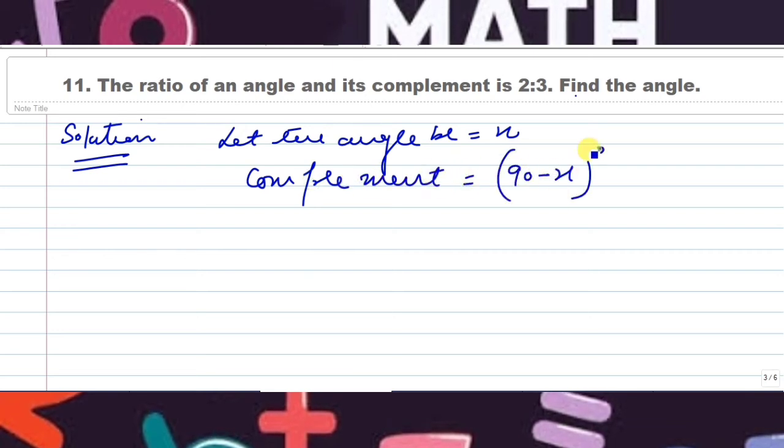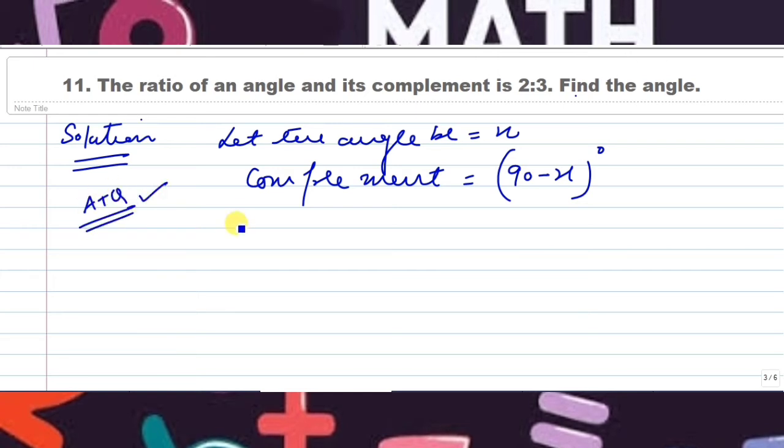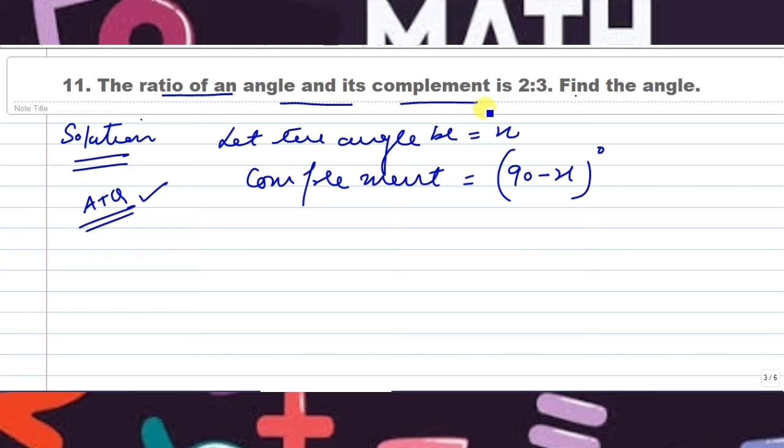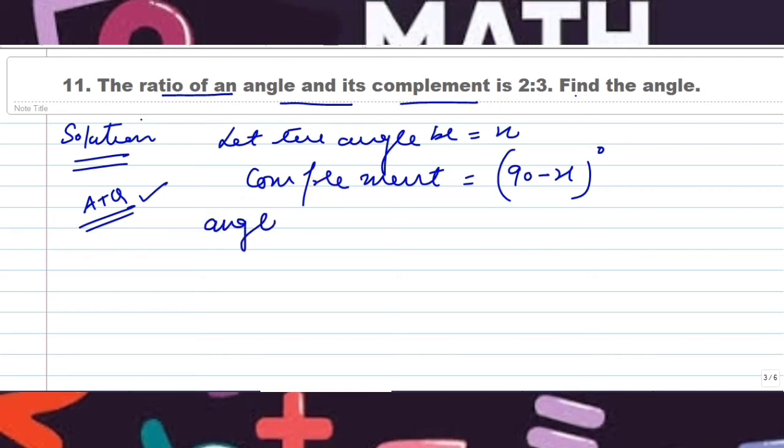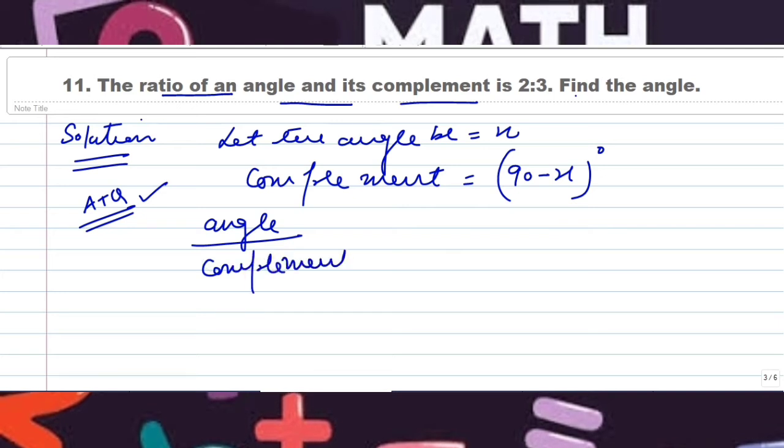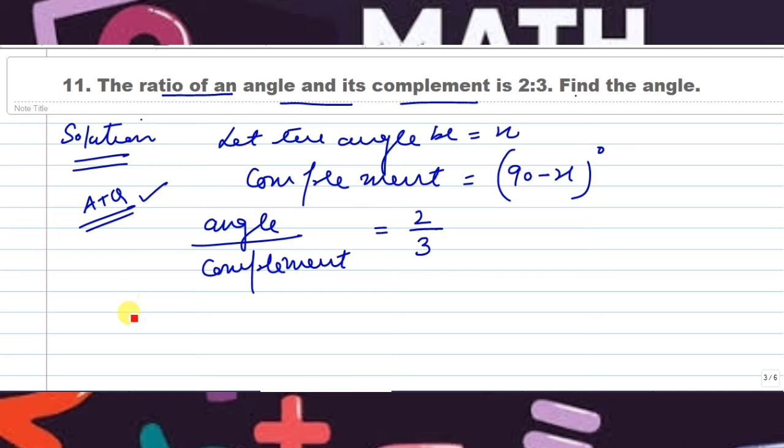So it will come 90 minus x. ATQ means what the question says. Now ratio of an angle, what is ratio? That is the fractional part, one number divided by another number. It says angle and complement of an angle is 2:3. The ratio is given 2:3. What was the angle? That was x.